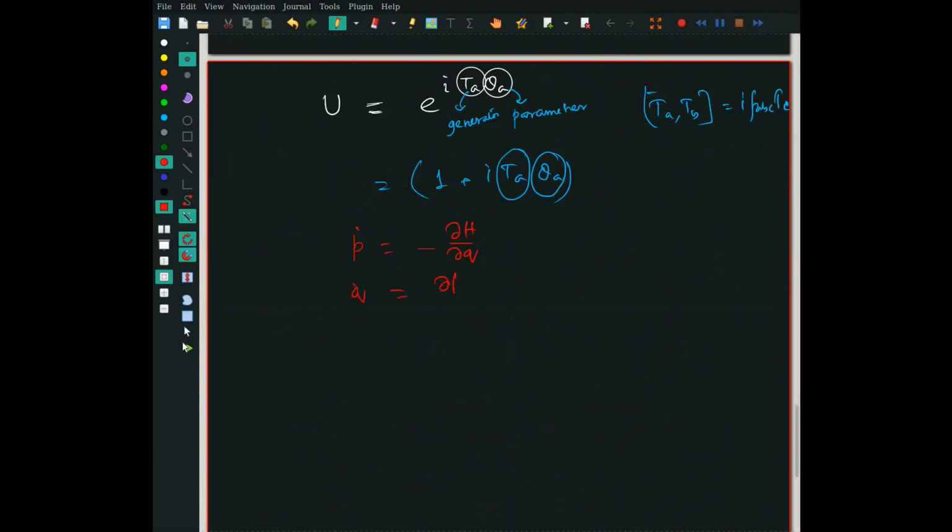Q dot equals del H del P. So this is my definition of H. H is a function which is related to P dot and Q dot like this.